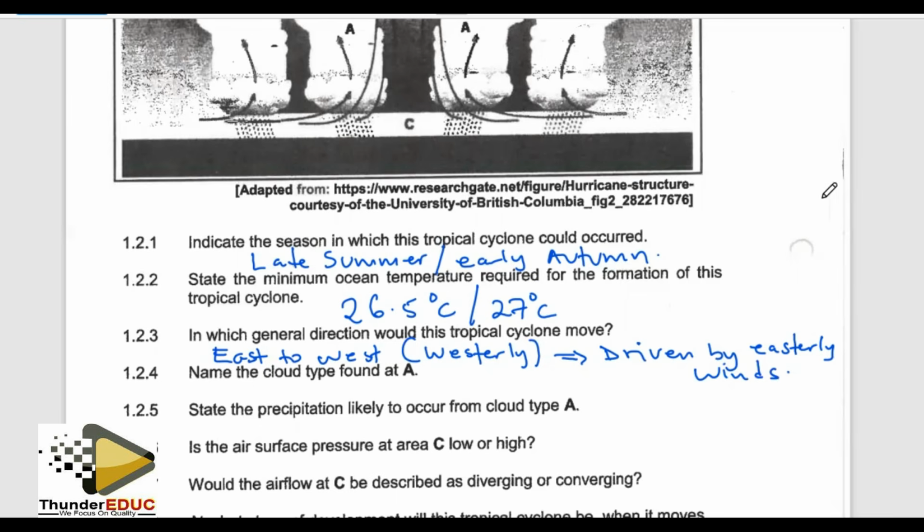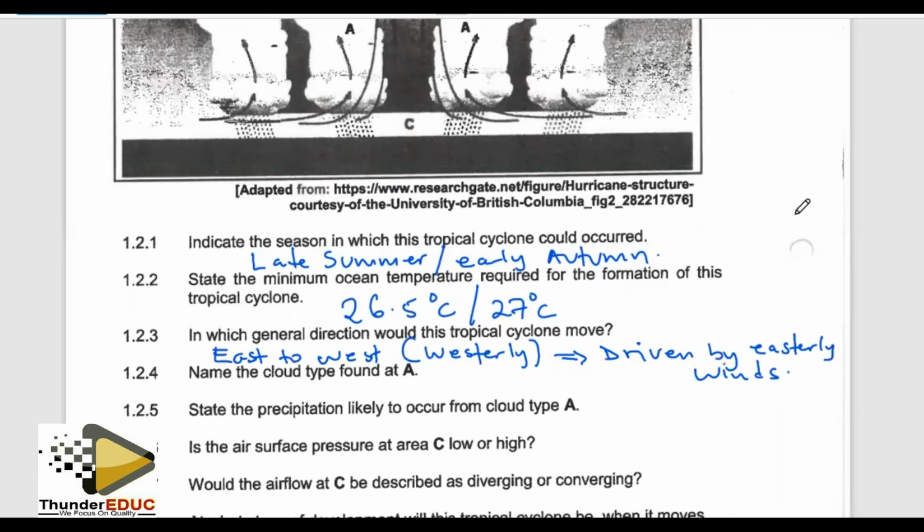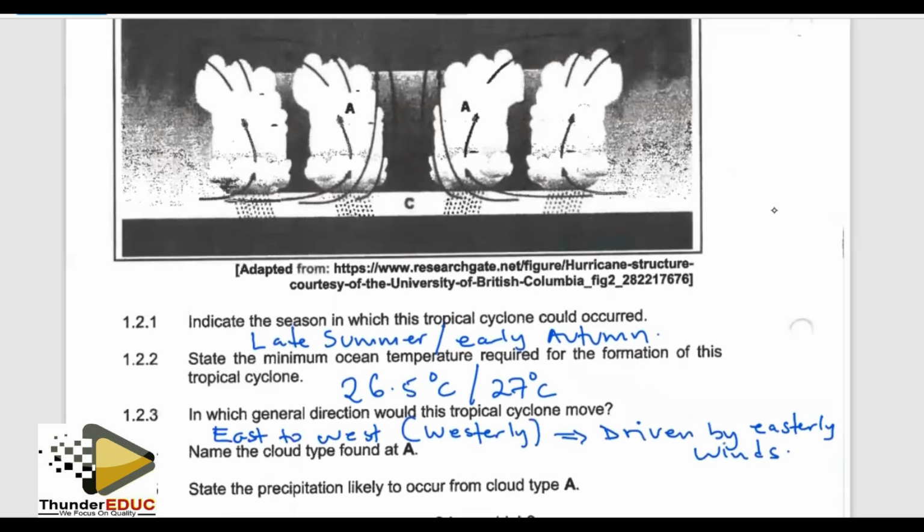Okay. 1.2.4, it says, name the cloud type found at A. This is at A here. And you can see these clouds are huge and tall. Now, what is the name of those clouds?